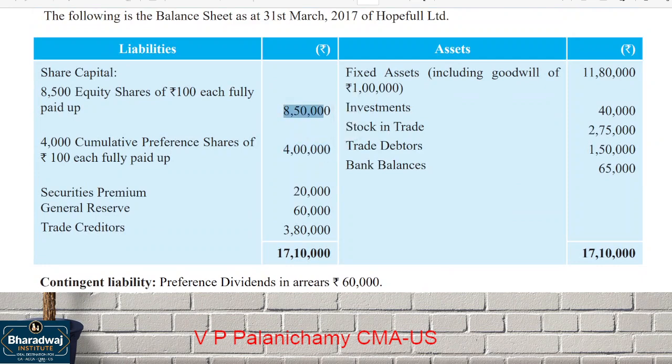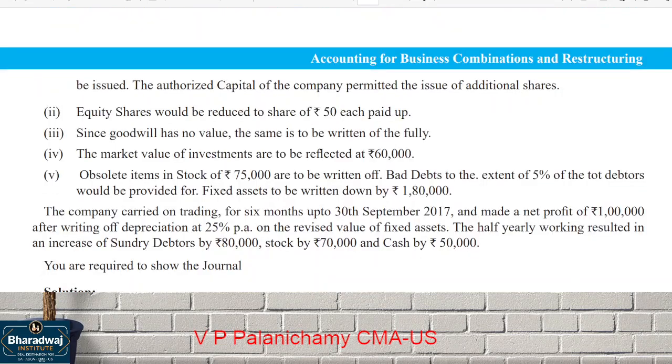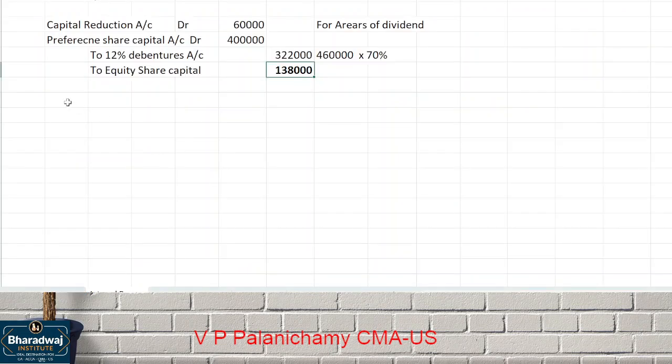Equity shares, what do they tell you? 100 rupees each. It is converted into shares of 50 paid up. Two different entries we can pass. What is the first type? Direct entry, equity share capital account debit to capital reduction.